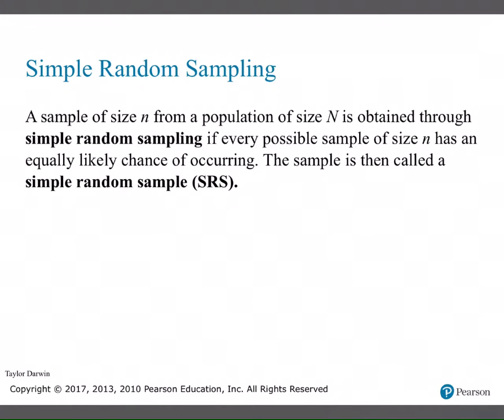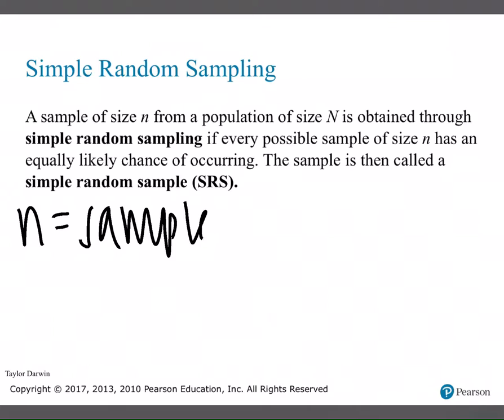So, simple random sampling. We're going to be using a lot of variables in this course, letters that represent something, and this is really the first that you'll see. A sample size is lowercase n, and uppercase N is population size.